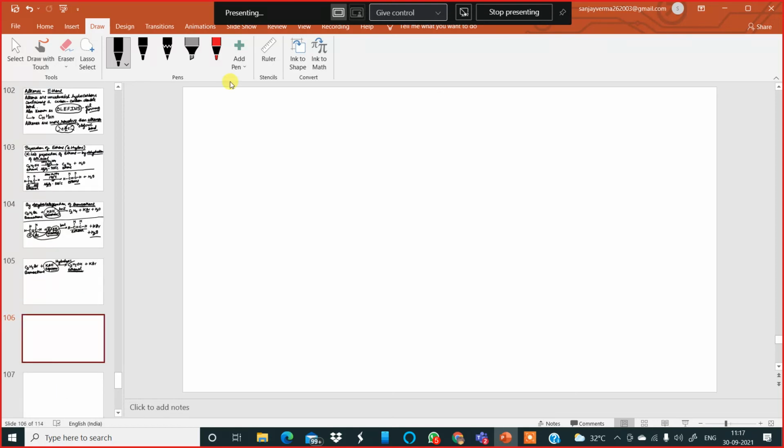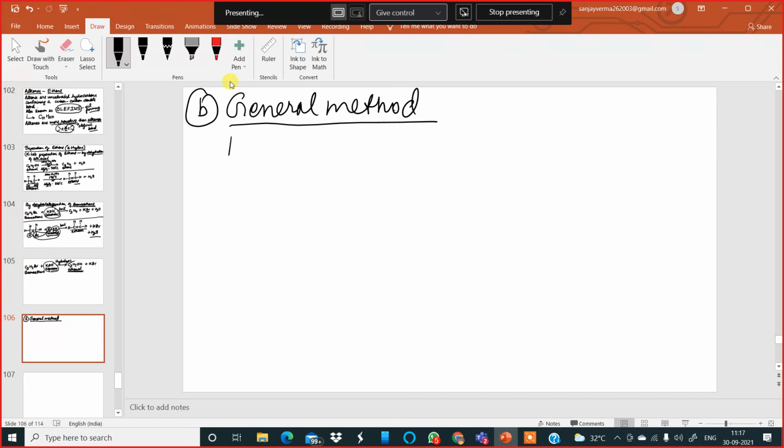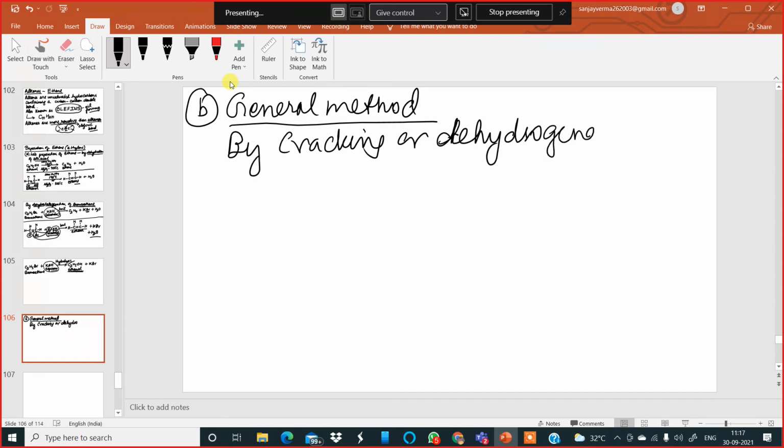There is a general method also for the preparation of ethene. The general method is called cracking or dehydrogenation. Cracking or dehydrogenation means use of high temperature.